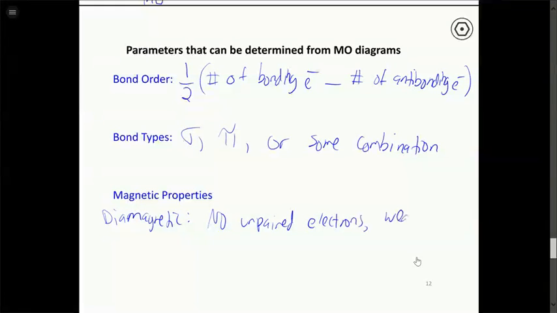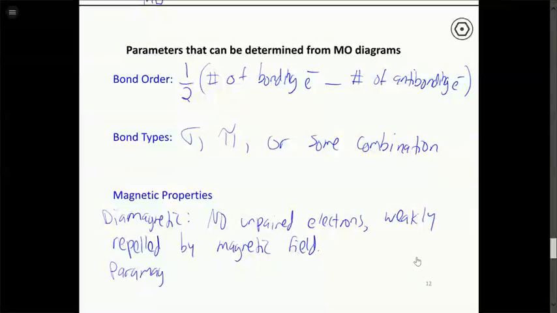and the behavior that we observe experimentally is that these are weakly repelled by a magnetic field. And then if we have paramagnetic, this is a situation where we have one or more unpaired electrons.